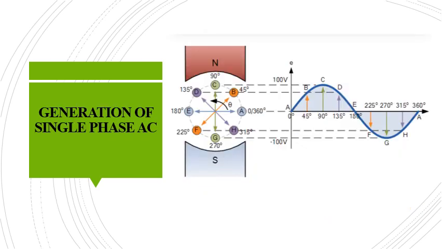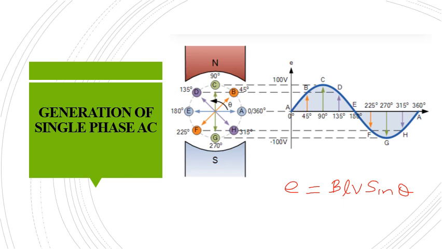Next, we can see what is the nature of this EMF generated. We have already seen that the induced EMF, that is E equals B L V sine theta, right? This is your induced EMF.